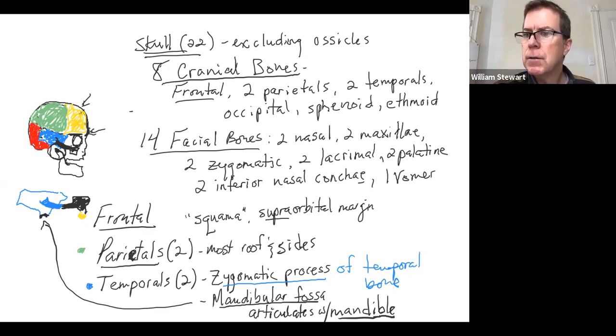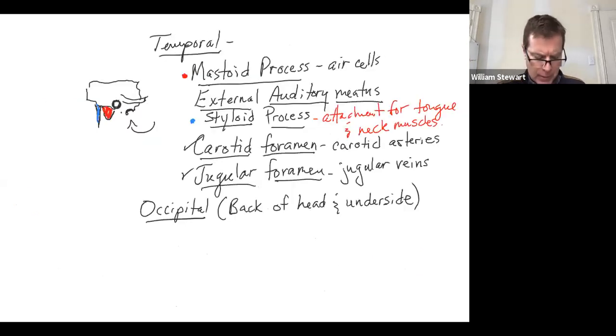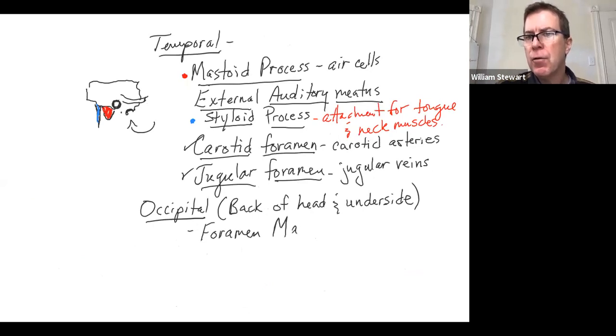All right, so now let's go back to my description of it. So we just say it's the posterior and base of the cranium. That's what that means. Some markings that are very important in this bone is the foramen magnum. Foramen means hole, magnum means big.